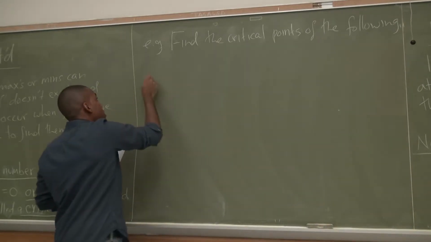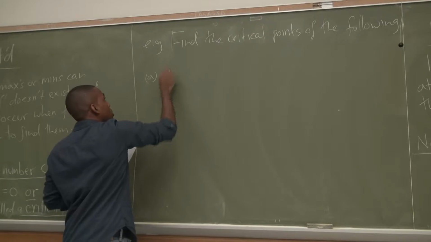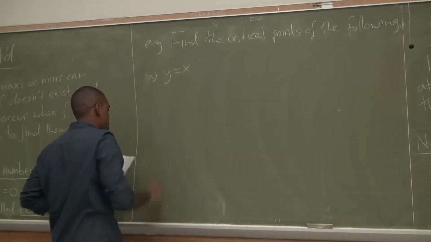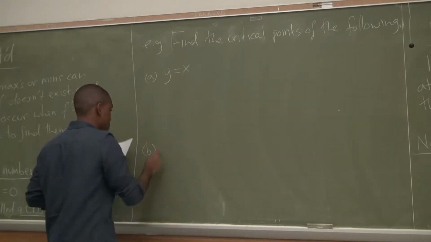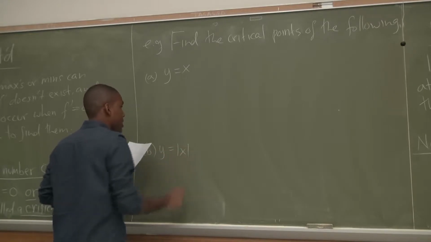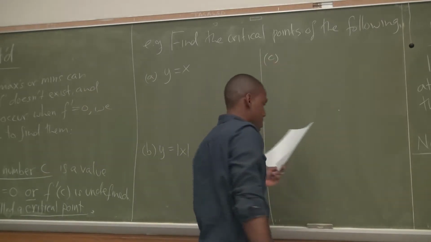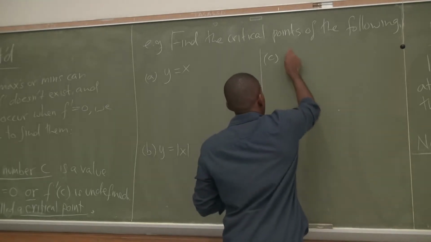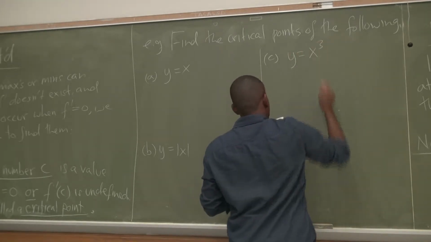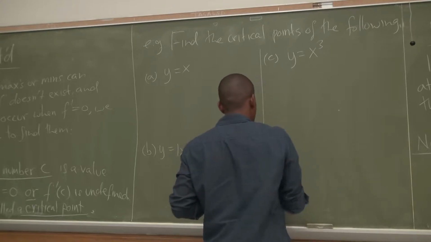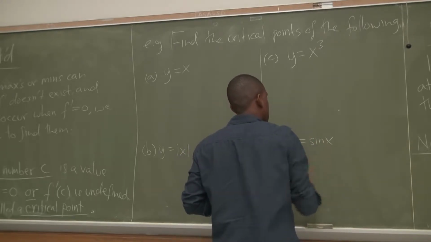Some examples for finding critical points. A: y equals x. B: y equals absolute value of x. C: y equals x cubed. D: y equals sin x.